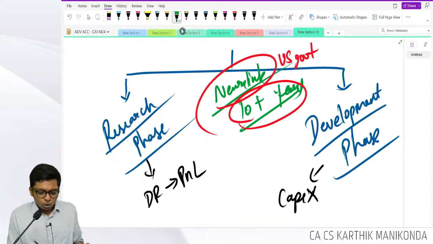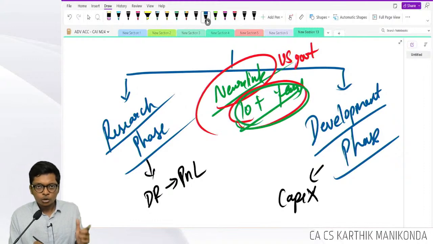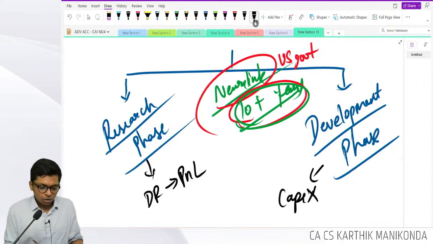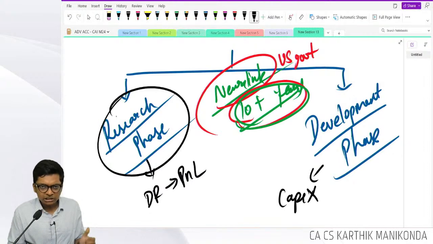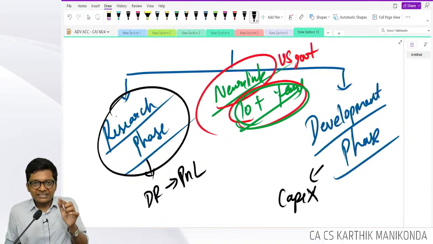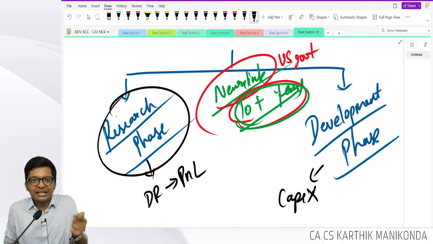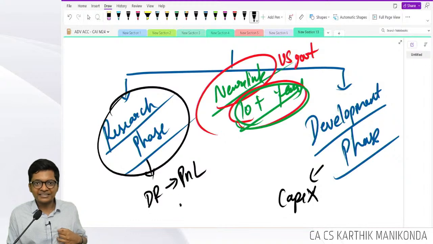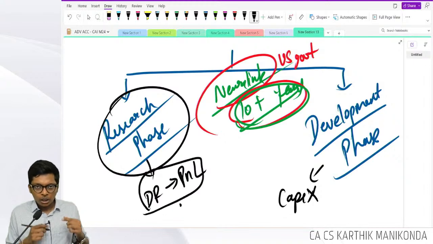So it took him 10 years for the monkey to do it. For the monkey to play what? A game. So he researched to find out if it's actually possible to do it. Research phase, debit P&L. Now he proved it. He proved a monkey can do it.